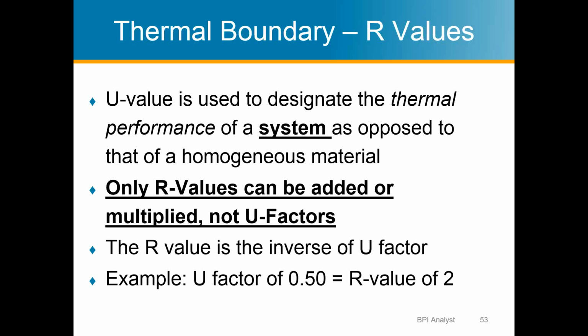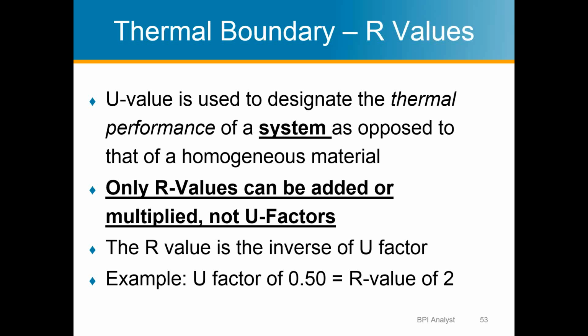Like if you've got an R13 wall, maybe with 1 inch of continuous exterior insulation, so you've got an R value of the wall of, say, R15 or something. Your window, if you have a U value of 0.3, which is a pretty decent window, the R value of your window is actually only 3.